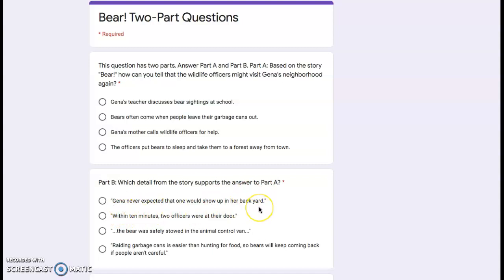She never expected that one would show up in her backyard. That doesn't have anything to do with the officers returning to the neighborhood, so I'm going to eliminate that one. Answer B tells about the wildlife officer's first visit to Gina's house. That doesn't really have anything to do with whether or not they would come back again, so I'm going to say no on that one.